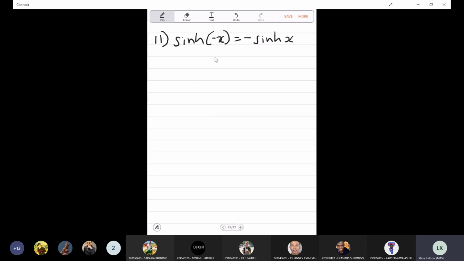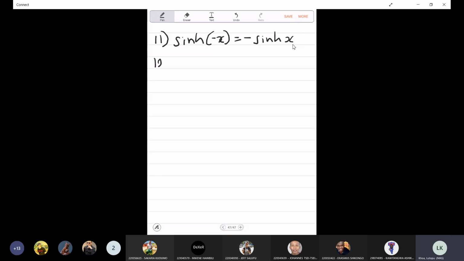This is also true for sine of x. If you have sine of minus x, that is the same as negative sine of x. So we call a function like this odd. If you put in a negative of a number and the answer is the negative of what you get if what you had put in was positive, then we say that is an odd function.